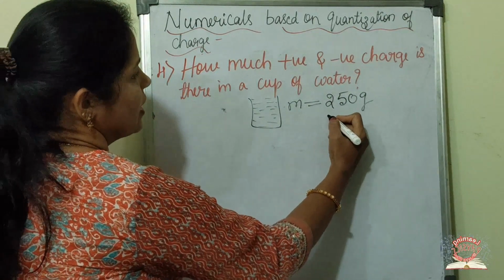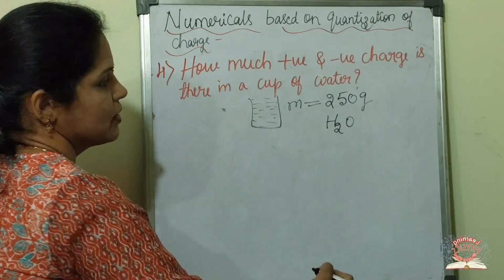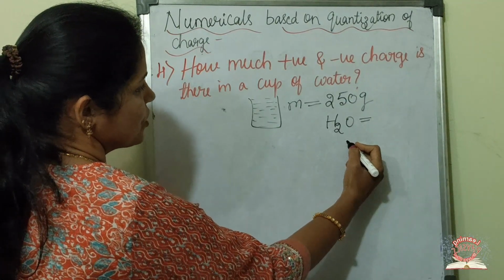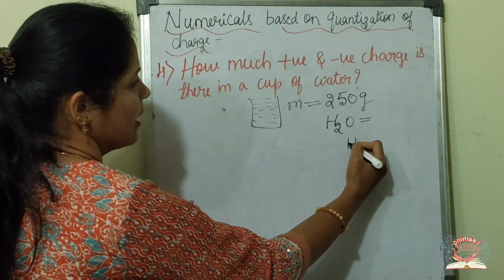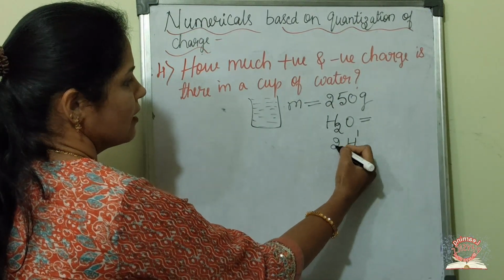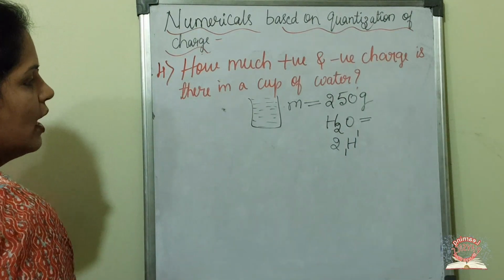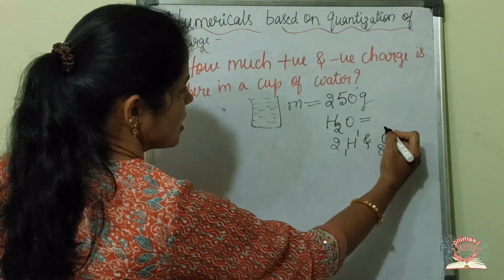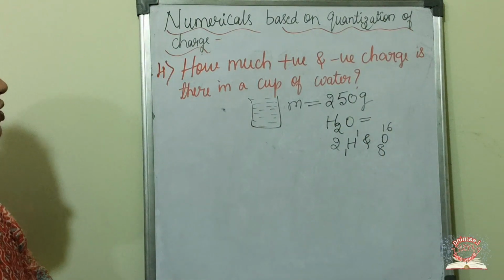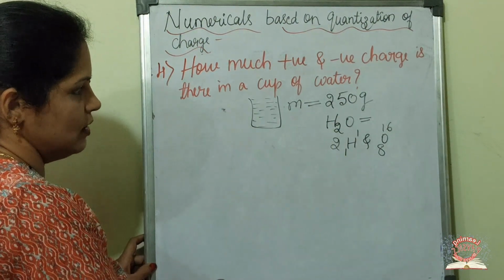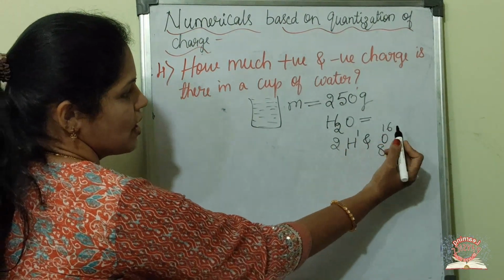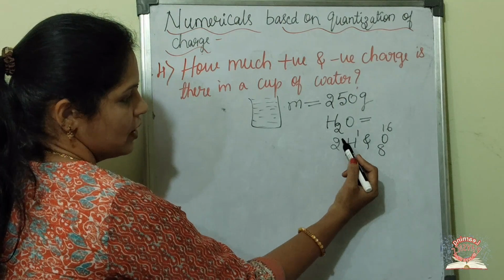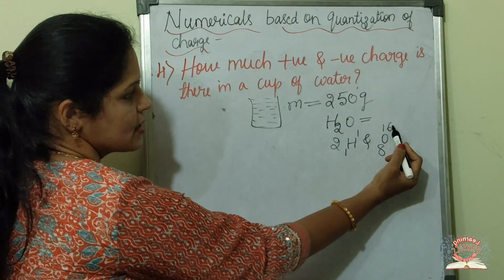So we know that water is H2O, right? How to write hydrogen? Hydrogen can be written as 1H1. How many hydrogen atoms are there? There are 2. And how many oxygen atoms? 1 oxygen atom, written as 8O16. So the mass of hydrogen is 1, but there are 2 hydrogen, so 2 gram, and oxygen is 16 gram.